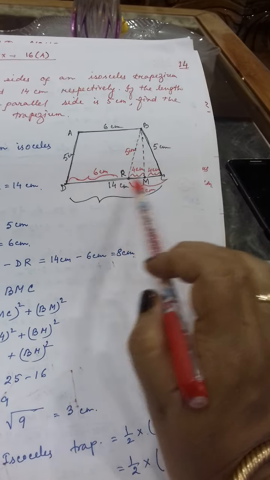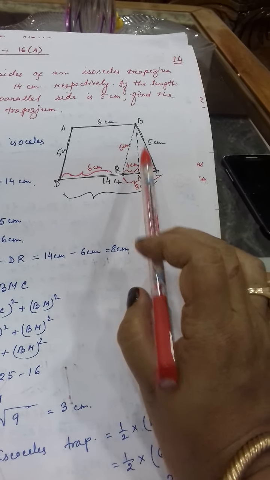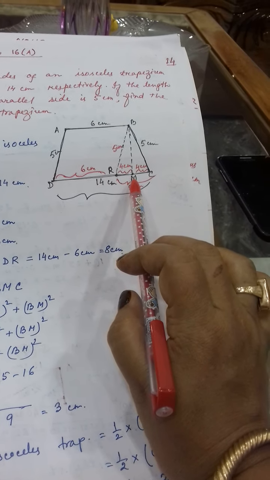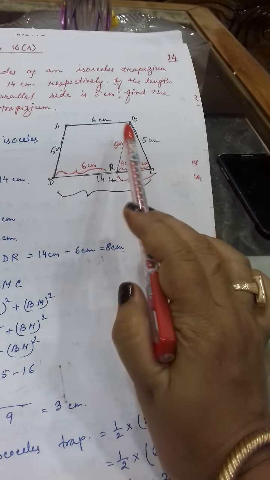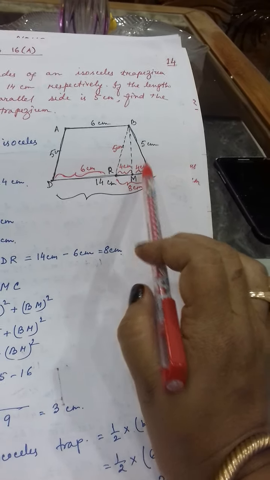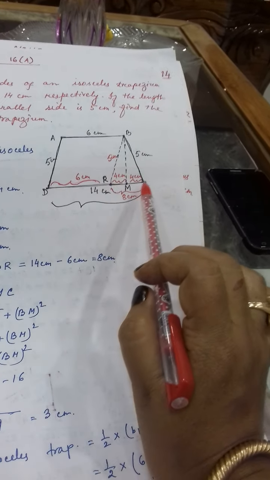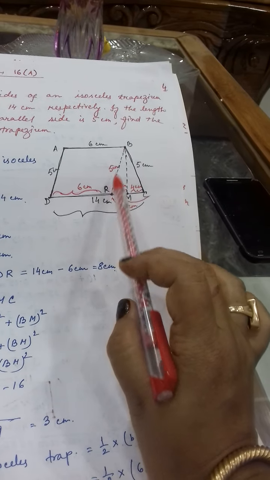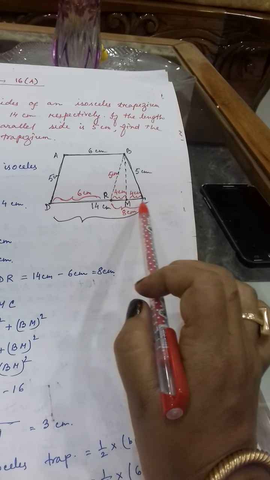Clear? From B on CD you draw a perpendicular line, which meets at point M. Got it? So after forming this one, what you have got? This one you have got, it is a triangle, and this triangle is an isosceles triangle. Clear or not? Isosceles triangle.